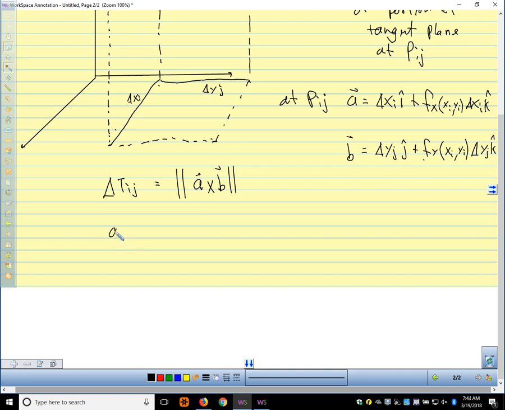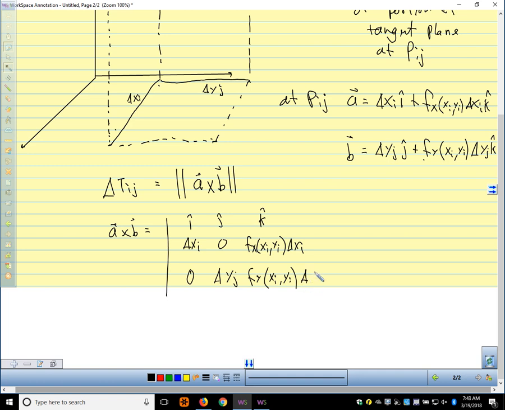Well, A cross B we can find using this determinant: i hat, j hat, k hat, delta x sub i, 0, f sub x at that point, and then we have a 0, delta y sub j, f sub y at our point.